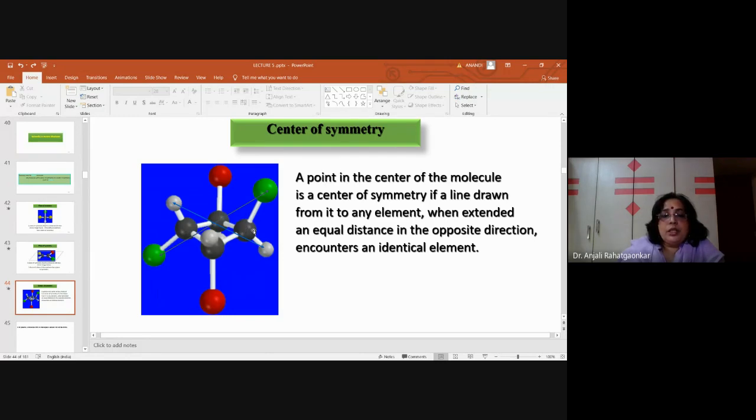Now if you see this carbon, okay, it looks like it is connected with different atoms, but it shows a center of symmetry, and because of the center of symmetry the molecule is achiral. समझ में आया आपको?